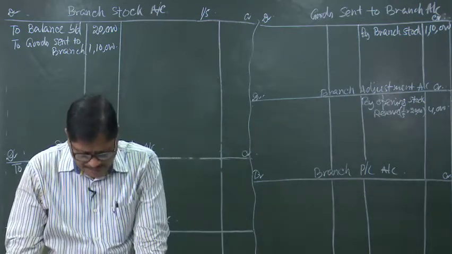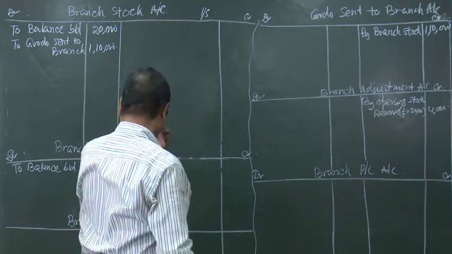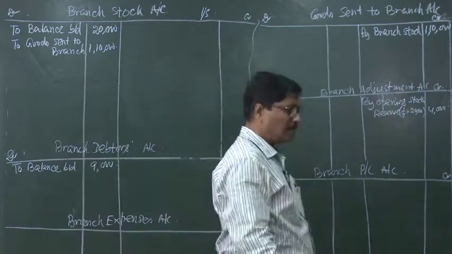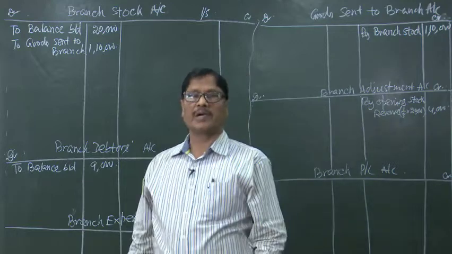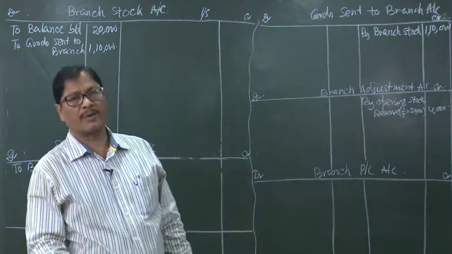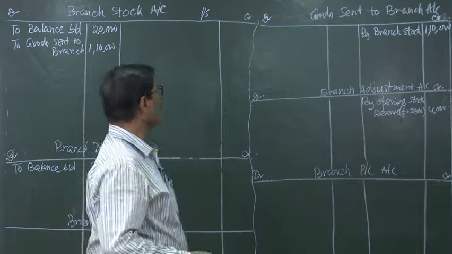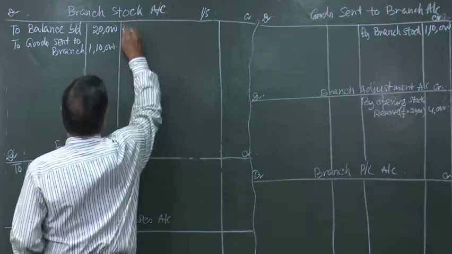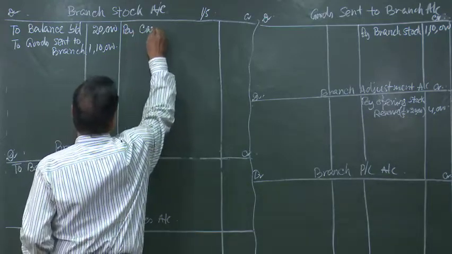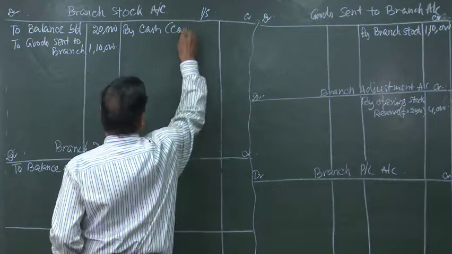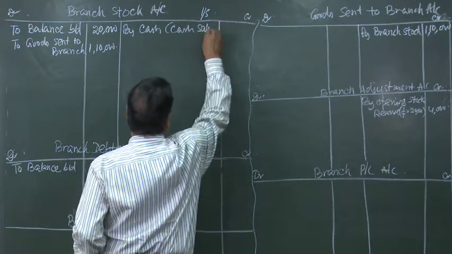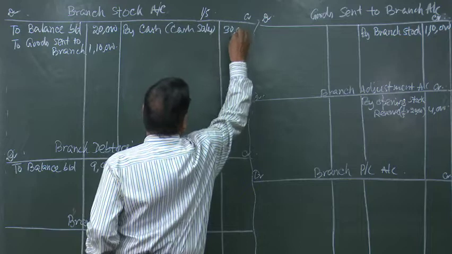Then cash sales at the branch 30,000. When cash sales are made, what will be the entry? The entry will be cash account debited to branch stock account by cash, within bracket you can write cash sales 30,000.